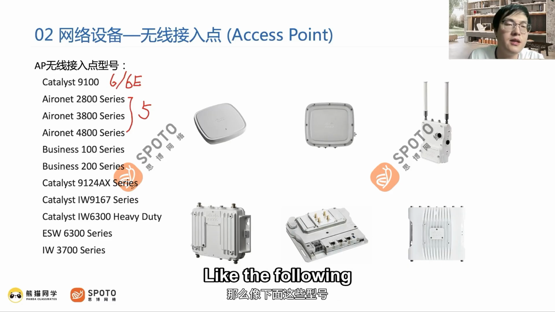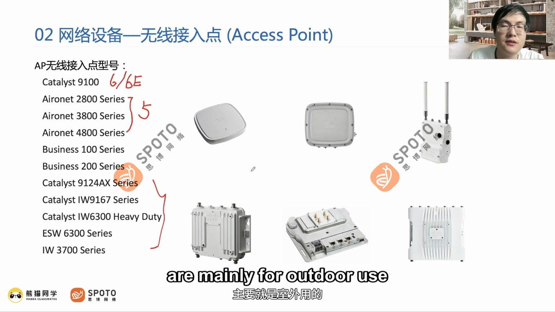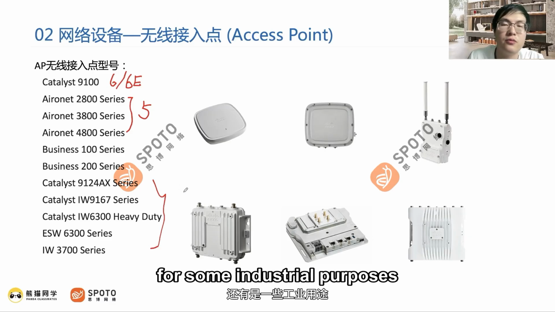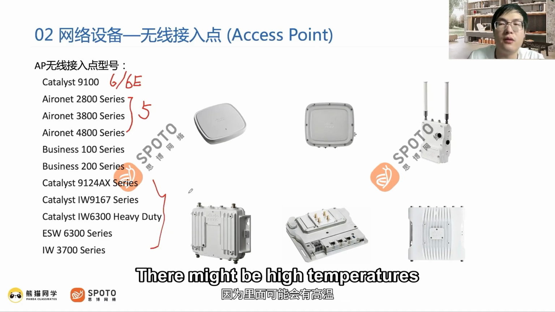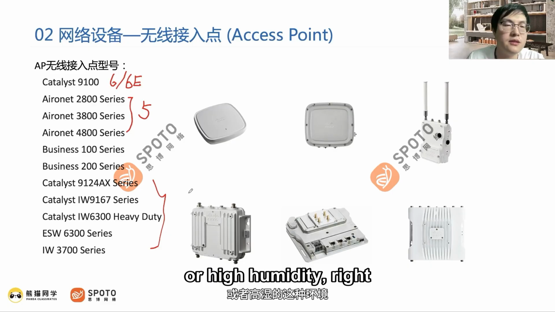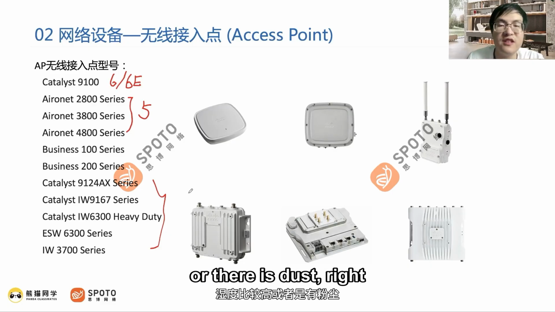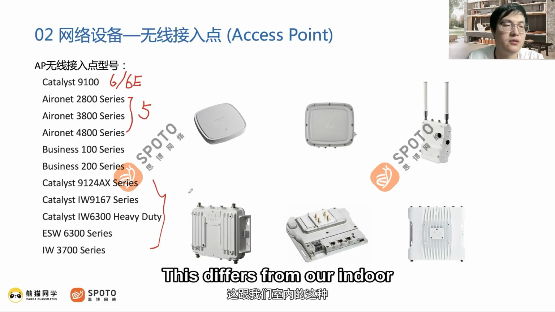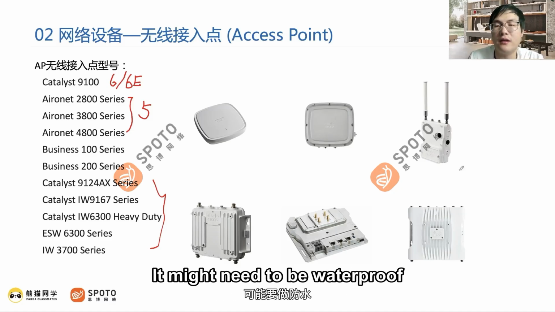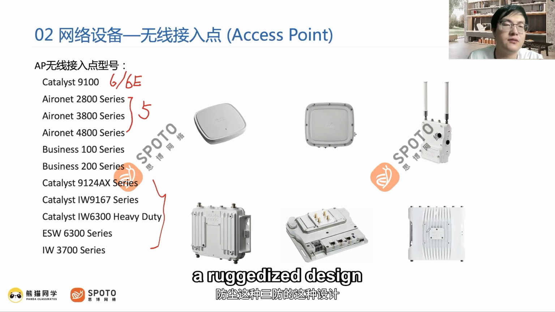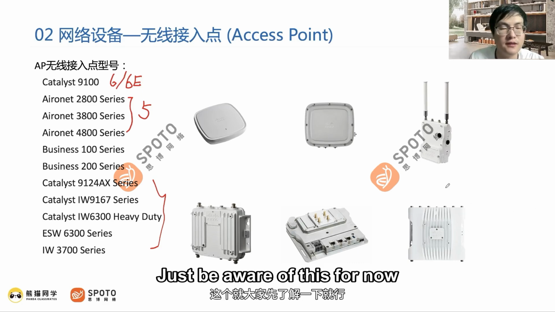Like the following models, these are mainly for outdoor use, and also for some industrial purposes, like on the production floor. There might be high temperatures, or high humidity, or there is dust. This differs from our indoor office scenarios. Requirements differ. It might need to be waterproof, dust-proof, a ruggedized design. Just be aware of this for now.